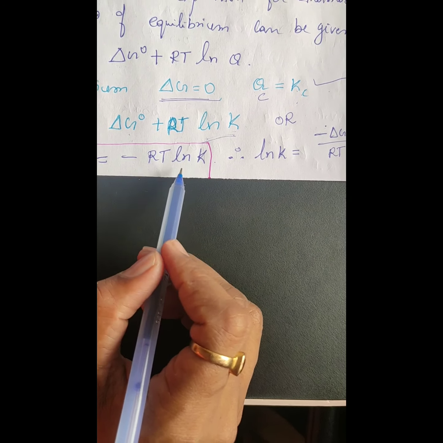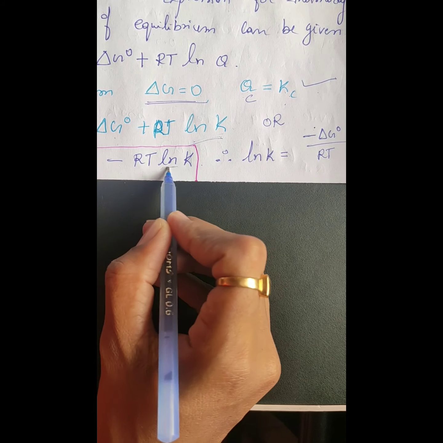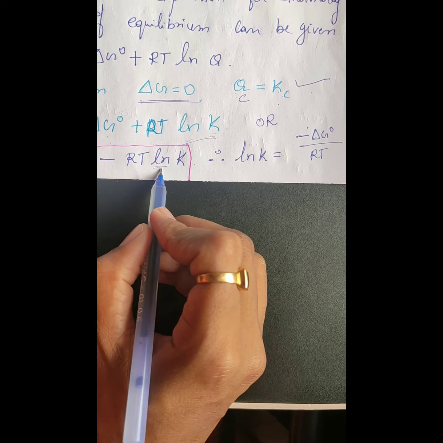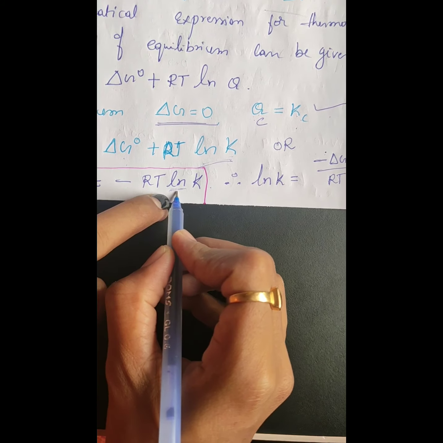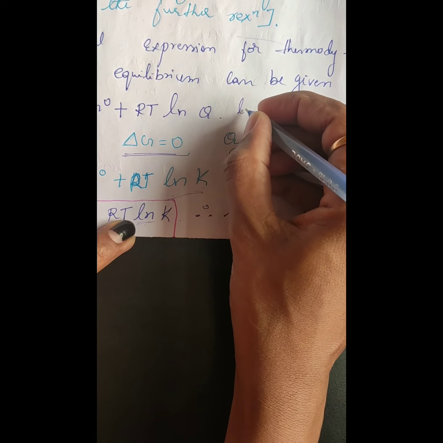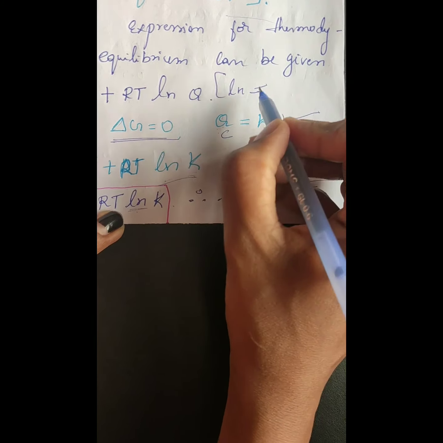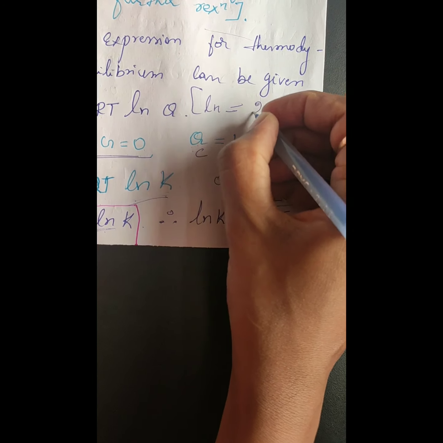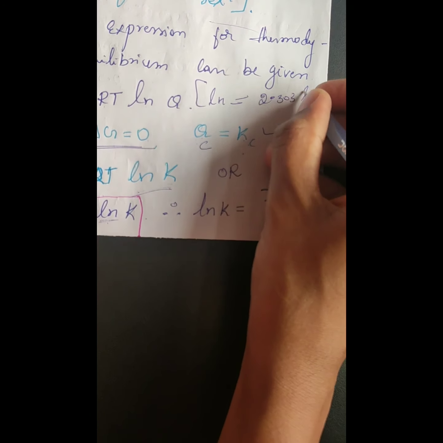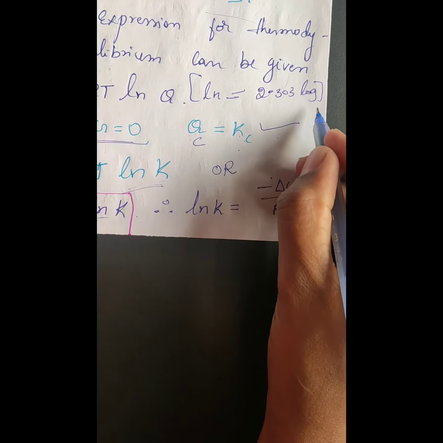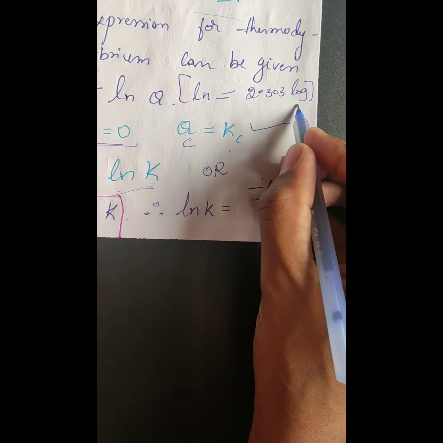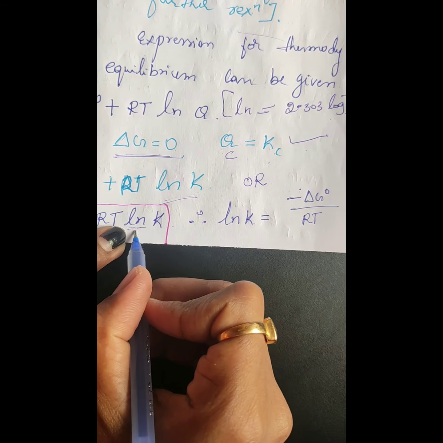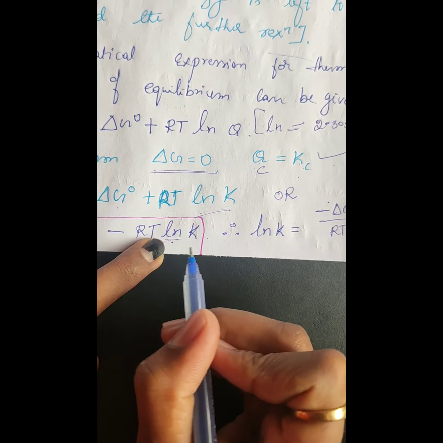This expression is very important in solving problems. But children, you should remember that calculation including ln is a bit difficult. That's why we consider the value of ln to be 2.303 log, so that calculation including log will be very easy. We can substitute 2.303 log in place of ln.